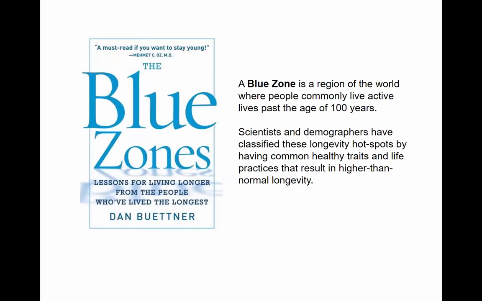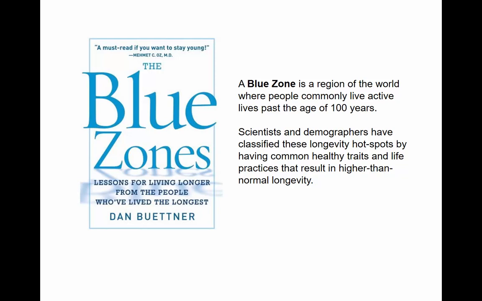Okay, now I also wanted to talk about something like longevity, right? The Blue Zones, and their book. I don't know if you guys have heard about this book. Blue zone means an area in the world where people commonly live a long time and have longevity, right?